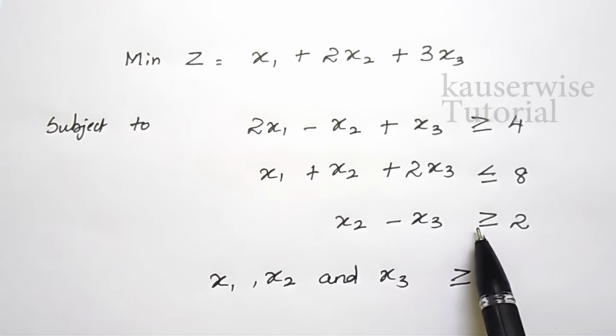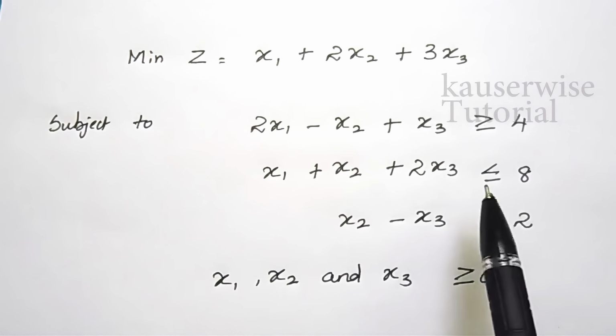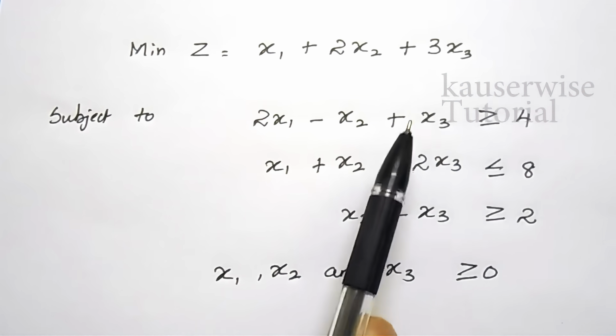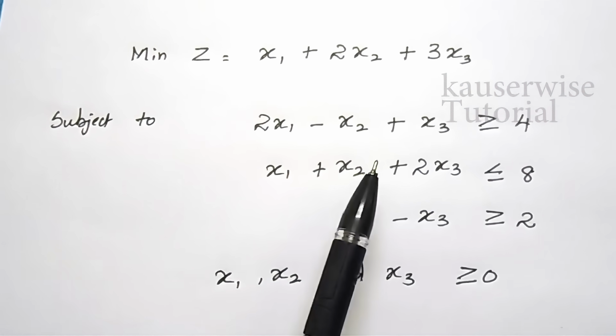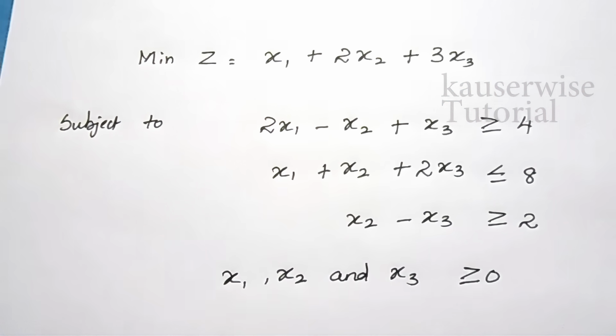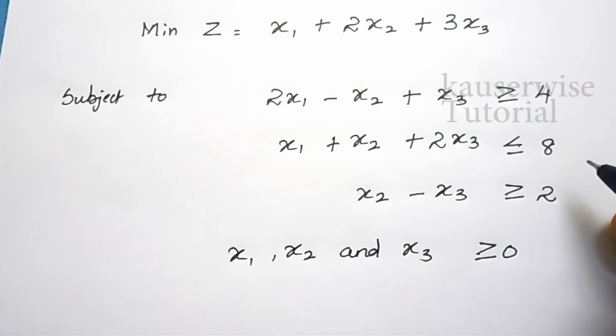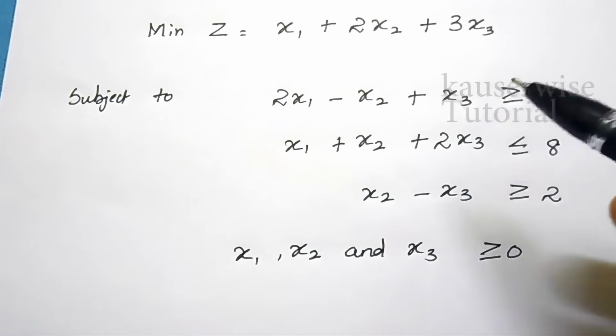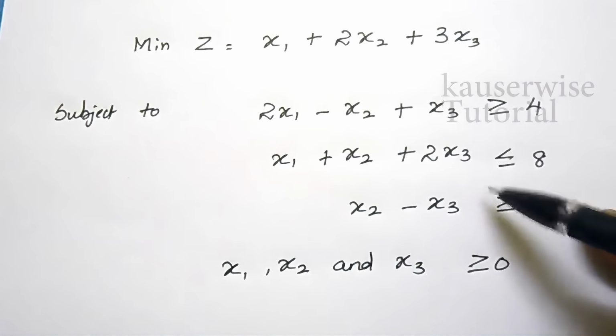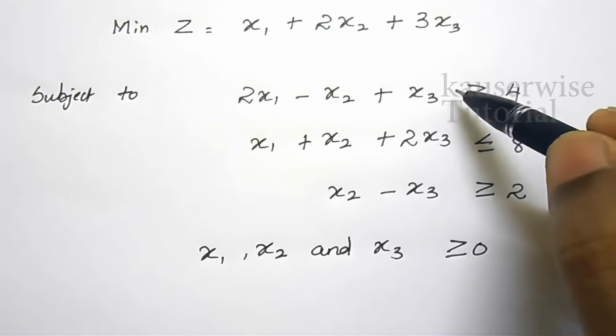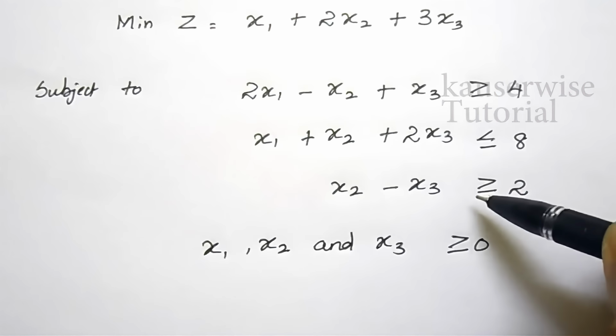We need to convert greater than or equal to into less than or equal to by multiplying with minus 1. This is the first step. The second step is we need to add slack variables. Here we have three constraints, so we need to add S1, S2 and S3.